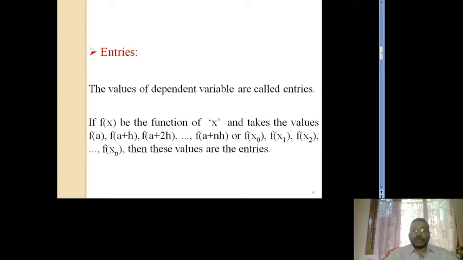But if we consider the values f of x 0, f of x 1, f of x 2, f of x n, then it implies that the function has been taken for the values of the independent variable, that is arguments, that are not taken from equal width of intervals, that is, they are taken from unequal width of intervals.